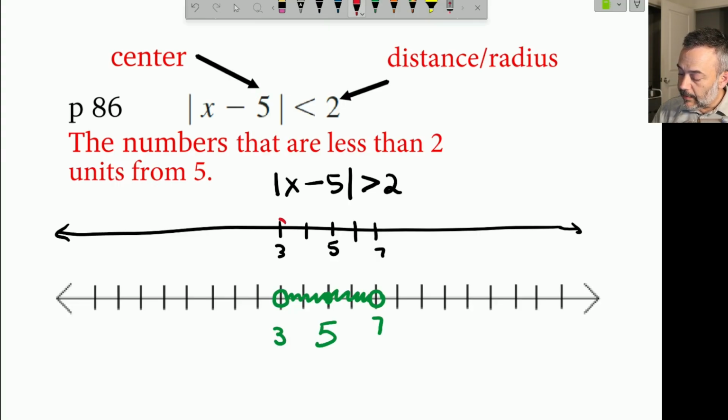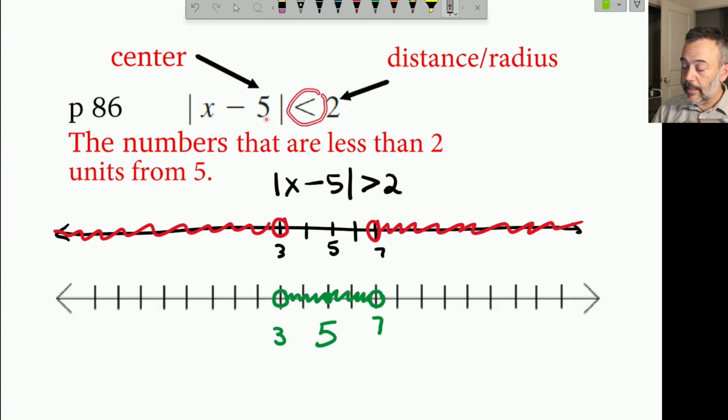But instead of including all the numbers between 3 and 7, any number to the right of 7 or any number to the left of 3, less than 3, will make this true. So when the inequality is absolute value less than a number, you shade inside the boundaries. And if it's absolute value greater than 2, we shade outside the boundaries.